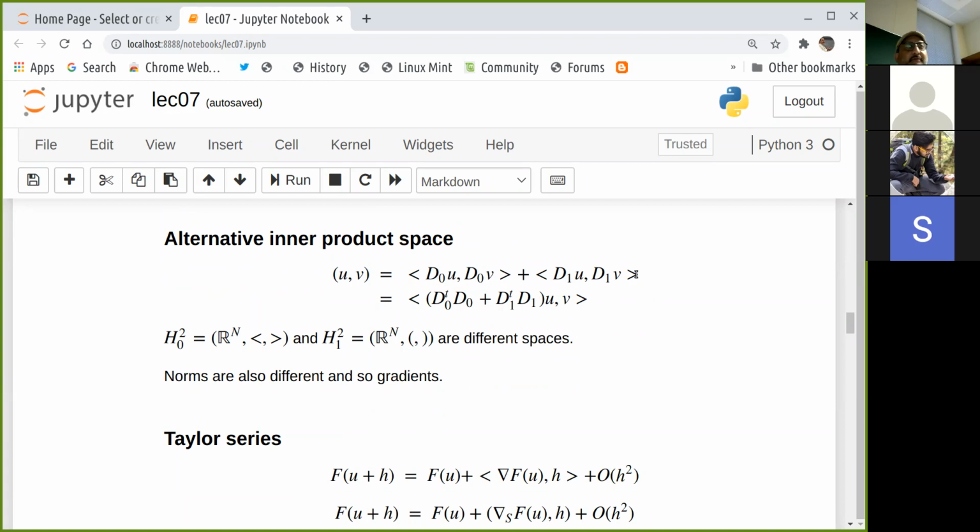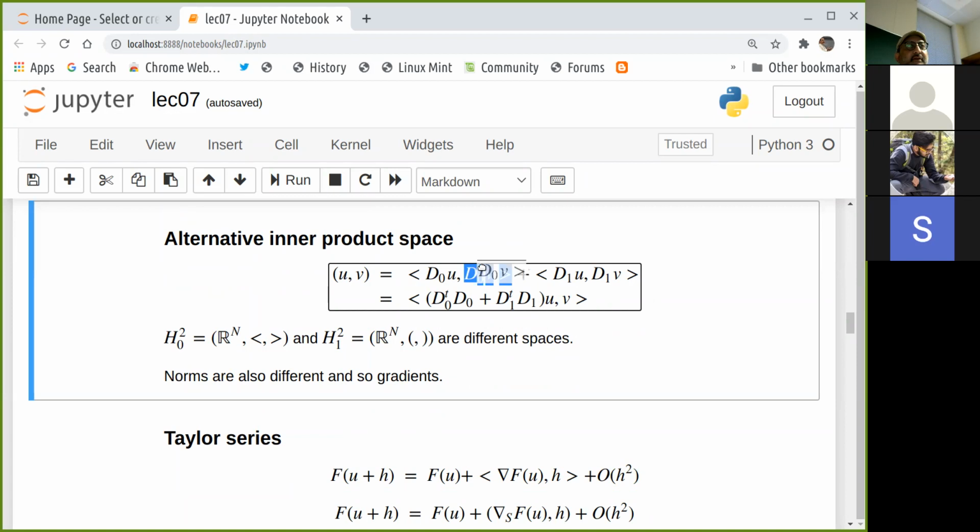And if you remember from your linear algebra how inner products work, you can bring this d0 over to the other side, provided you make it the adjoint. And when you're dealing with Rn, and you think in terms of matrices, the adjoint is the transpose.